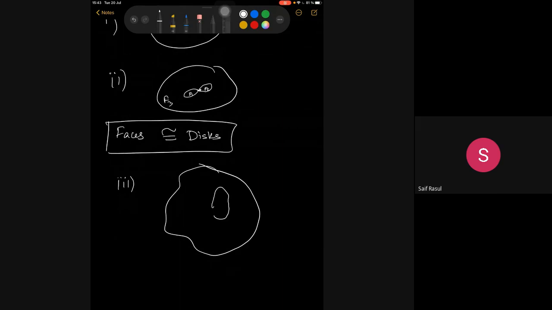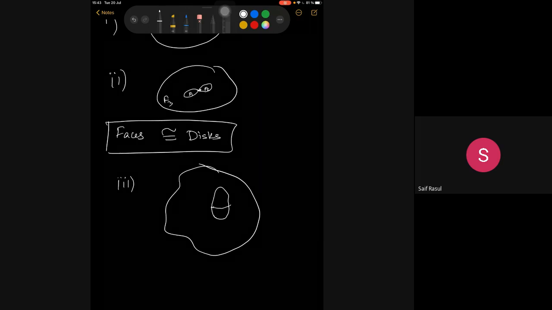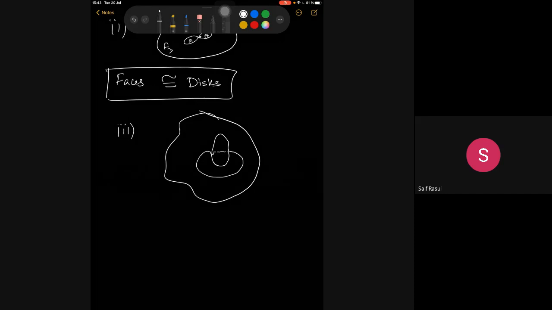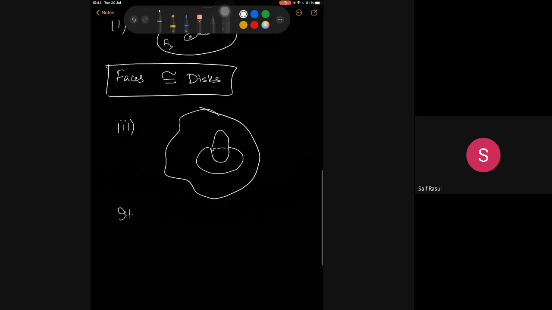Let's see an example. Is this a map for a genus 0 case? No. Can you say why not?